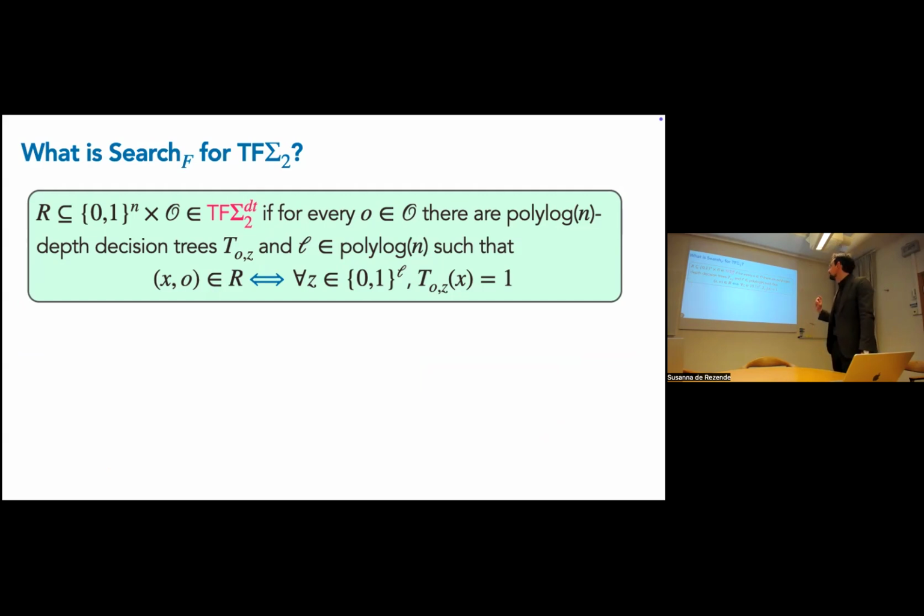A search problem is in TF sigma 2 if there's a number polylog n such that for every output and extra string z in {0,1}^polylog n, there's a decision tree T_{o,z} such that o is a solution on input x if and only if you can verify it by this quantifier over decision trees.